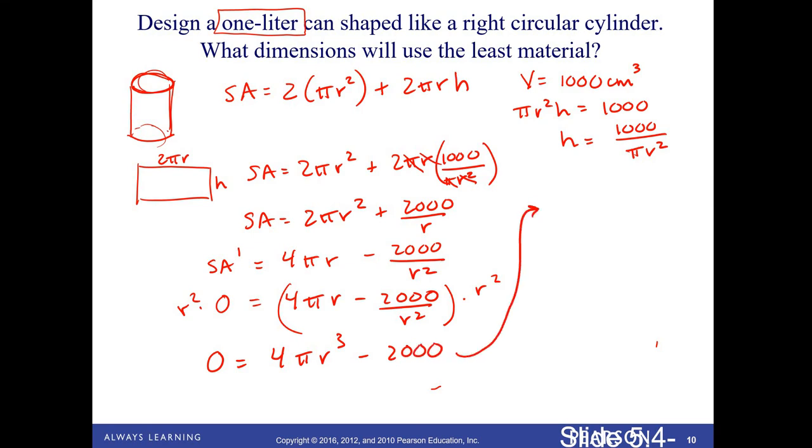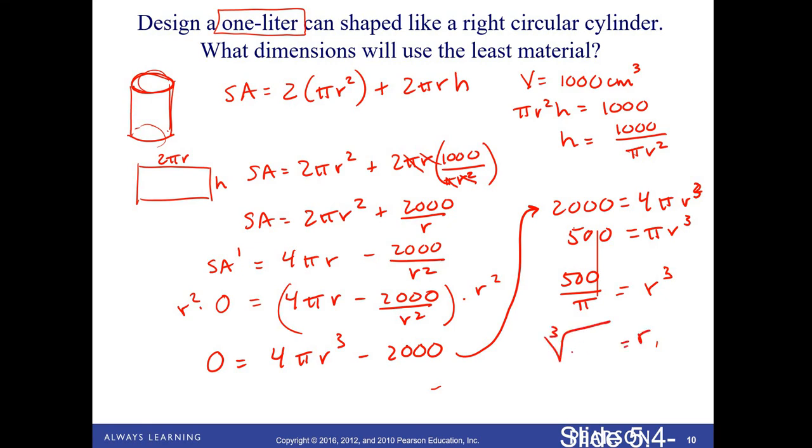So now I've got 2,000 equals 4 pi r cubed. Using division by 4, 500 equals pi r cubed. And dividing by pi, r cubed equals 500 over pi. So r equals the cube root of 500 over pi.